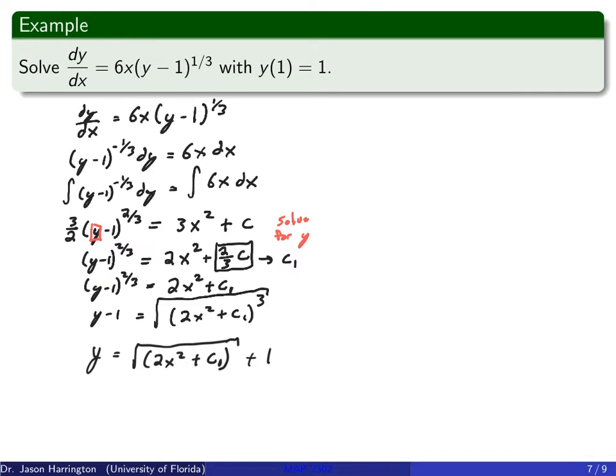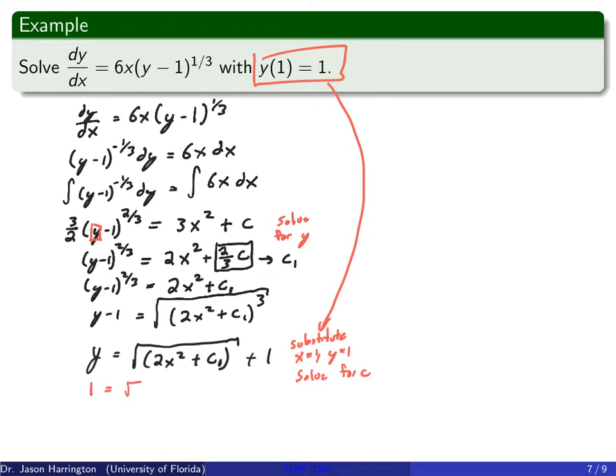Now I know that if I make my substitution, so now I'm going to substitute x is equal to 1 and y is equal to 1 from the initial condition that I have up here, and solve for c. Alright, so now I'm going to get 1 is equal to the square root of 2 plus c plus 1.